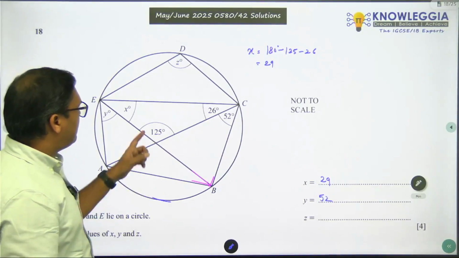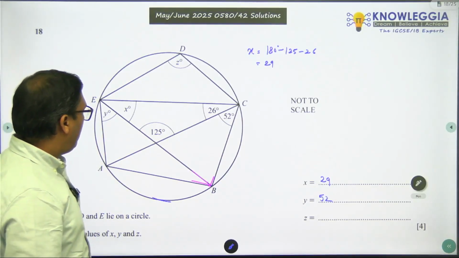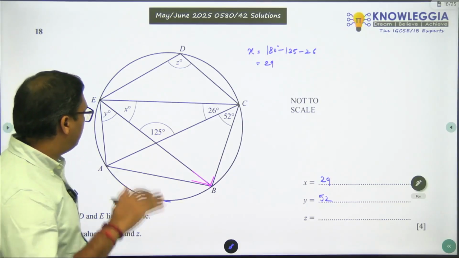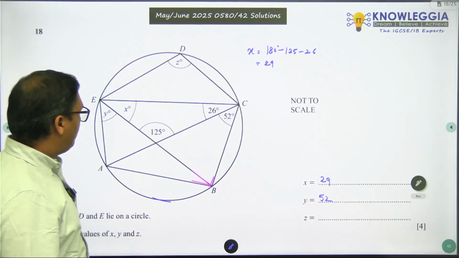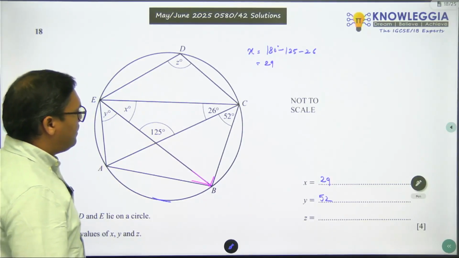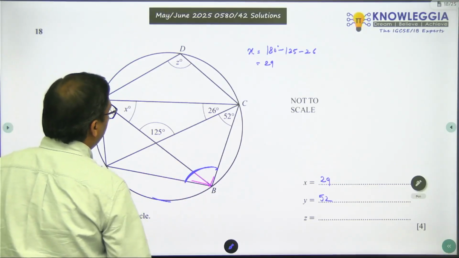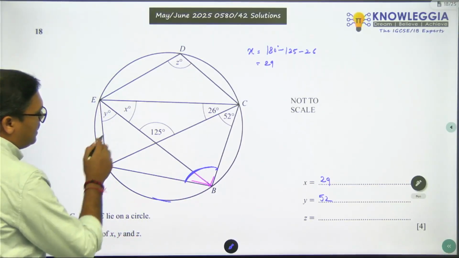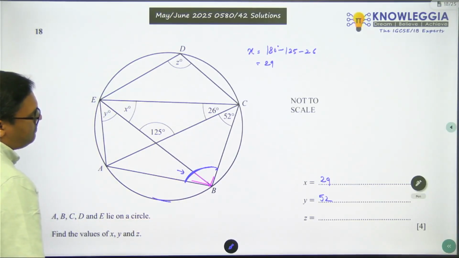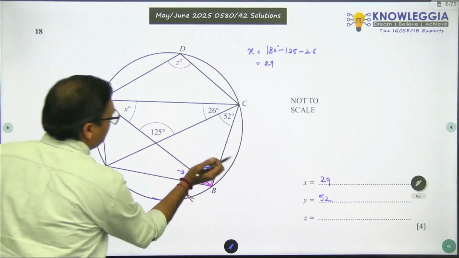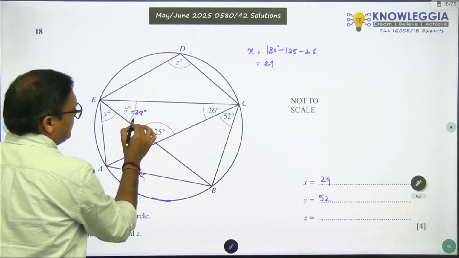What you can do is find this angle. You can easily find this angle by using the cyclic quadrilateral. So this is done. So we know this angle. This is 29 degrees. So see here, this is 29 degrees.